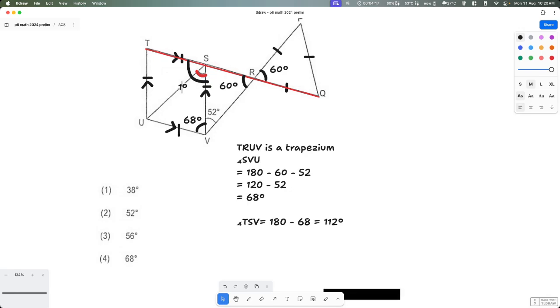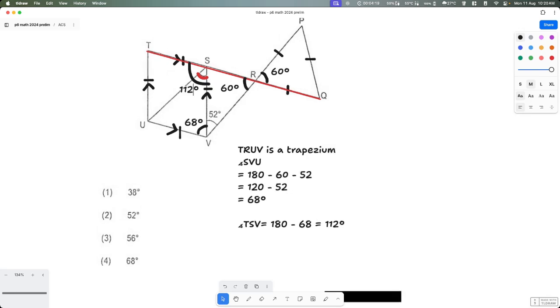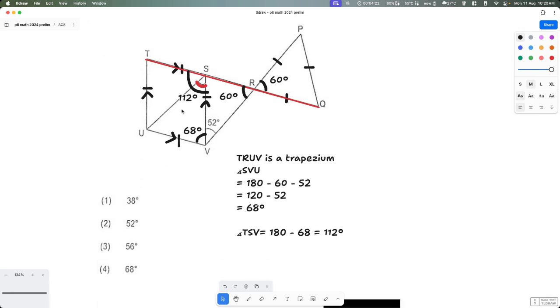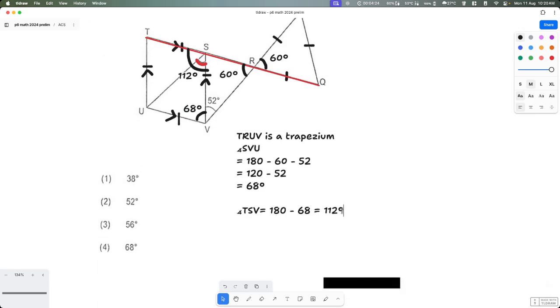So what do you think this USV is, right? So angle USV, the red one, is equal to half of angle TSV.